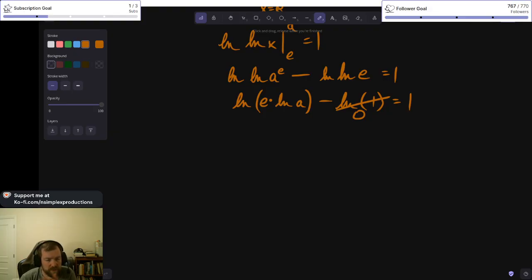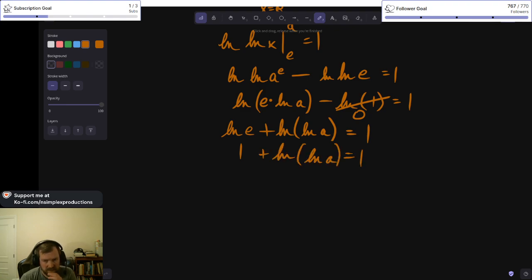With that multiplication, we can split it over a log and make this the natural log of e plus natural log of a is equal to 1. Natural log of e is 1. So we could subtract 1 from both sides, leaving natural log of a is equal to 0.